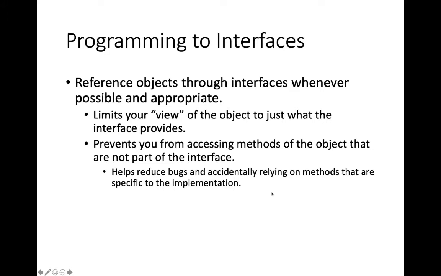And that's a good thing, because it prevents you from accidentally using parts of that object that aren't part of being a media object, and limits bugs when you really are trying to deal with an object just because it's a media object, or through things that should be part of its implementation of the media interface.